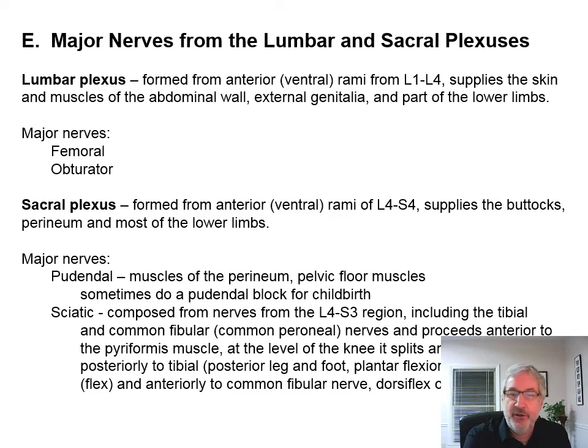It includes the tibial and the common fibular, also referred to as the common peroneal nerve, and it goes in front of the piriformis muscle. If you run, you'll do piriformis stretches. At the level of the knee, it splits anteriorly and posteriorly: the tibial, which is posterior, and anteriorly the common fibular nerve.